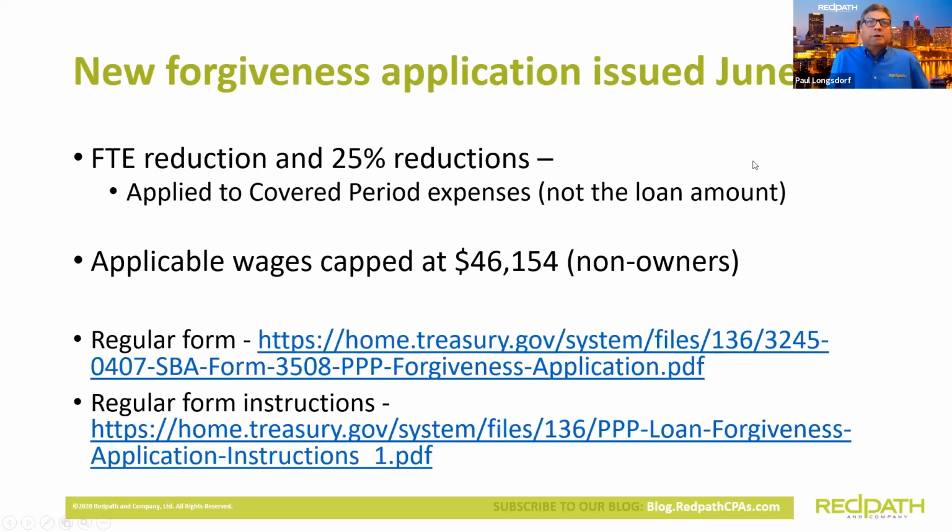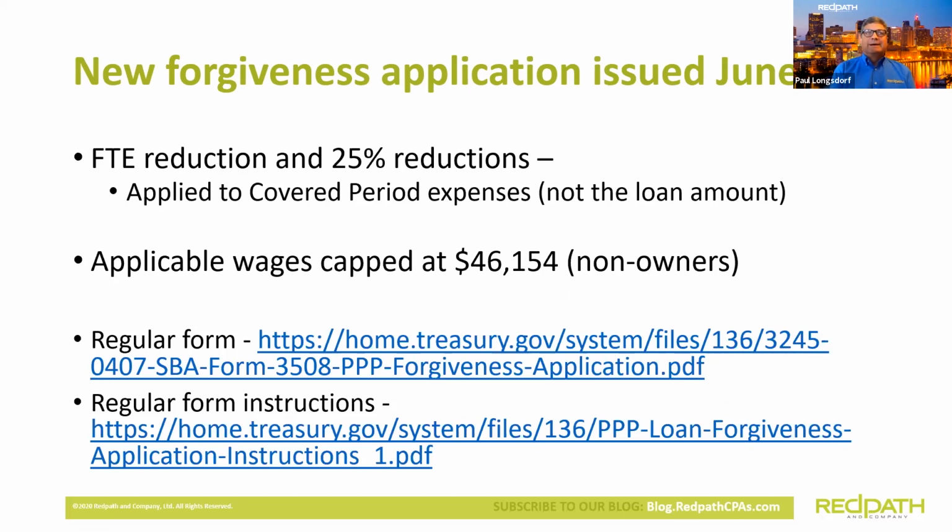Okay, as we said, the application was issued, and we had a chance to go through that yesterday. And a couple of important things came out of the application and the new instructions.